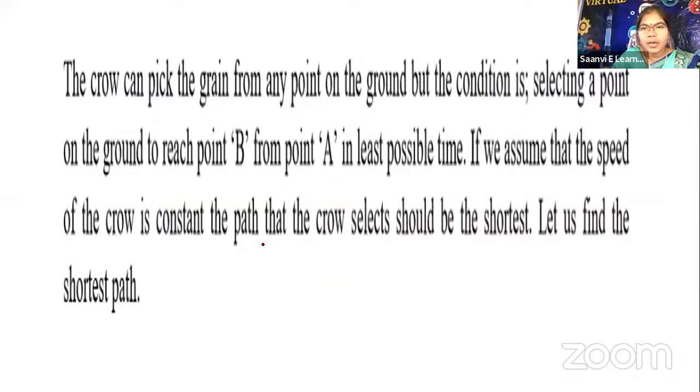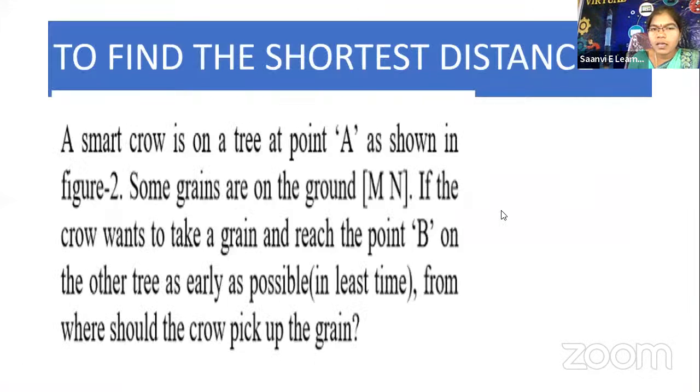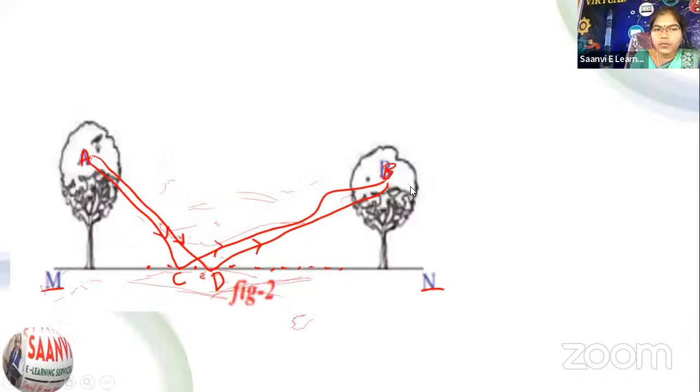Next, coming to the figure here, what is the incident angle? What are the incident rays? Can anyone say? Are you getting me properly? Listen properly. A and B are trees, and MN is a surface. On the surface of MN, some grains are present.